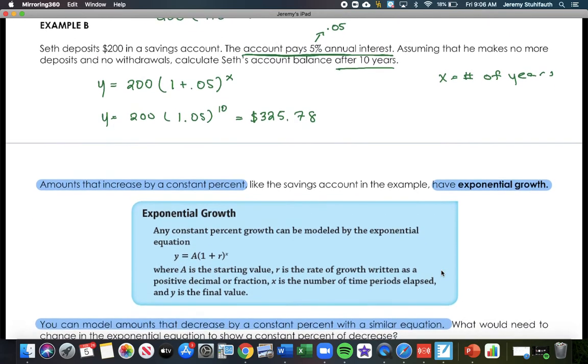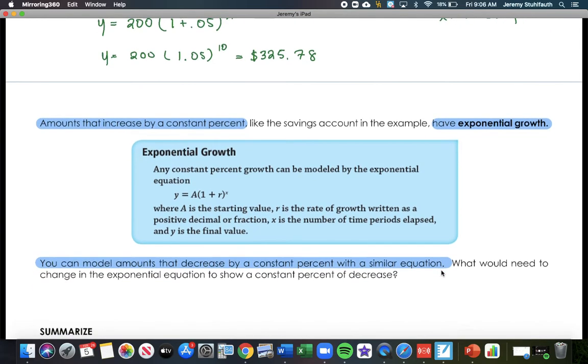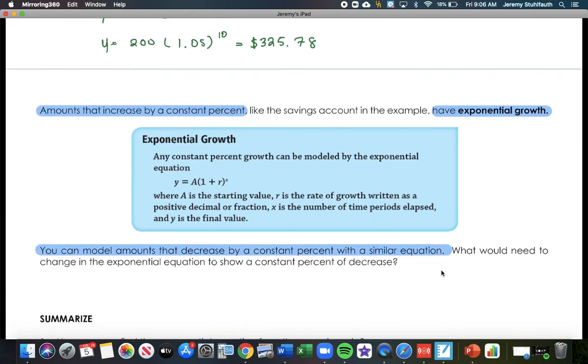Now, amounts that increase by a constant percent are called exponential growth. And anytime that we have an exponential growth, it's going to be represented by the equation y equals a times 1 plus r raised to the x power. A is the starting value.